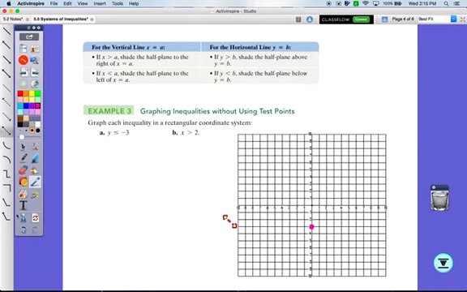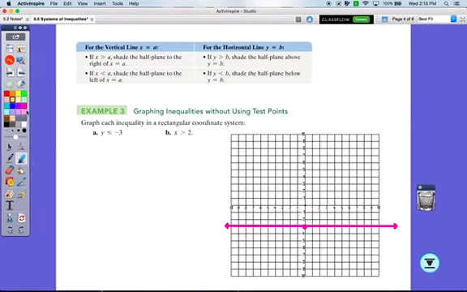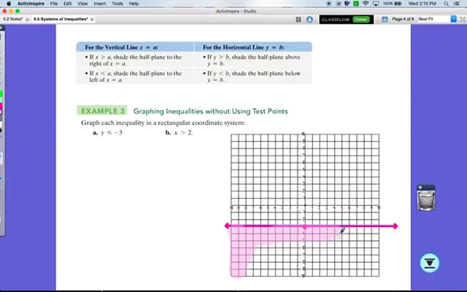Oh, that's dashed. Got to change my line. Solid line here at negative 3. And then since it's less than, we're going to shade below the graph. Any ordered pair below that line is going to work.